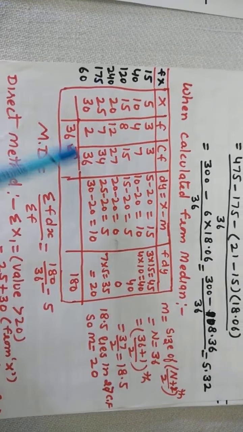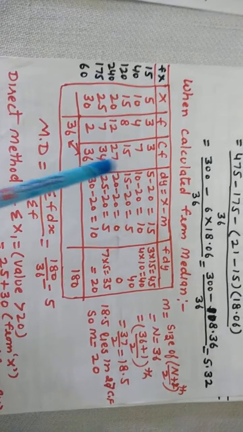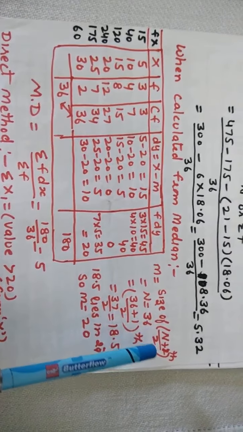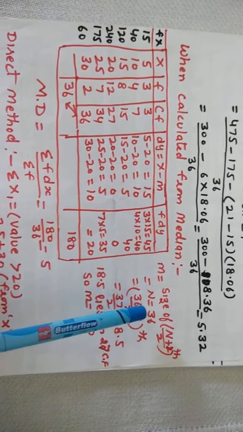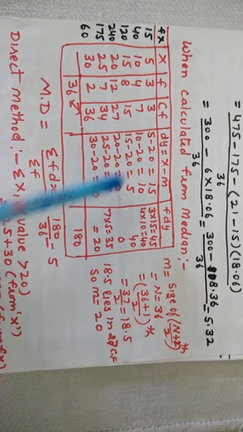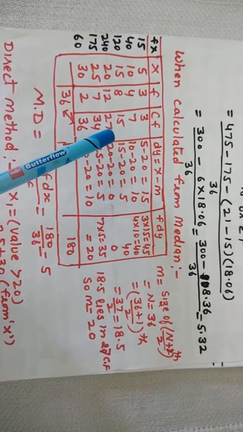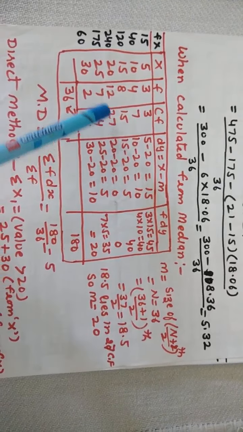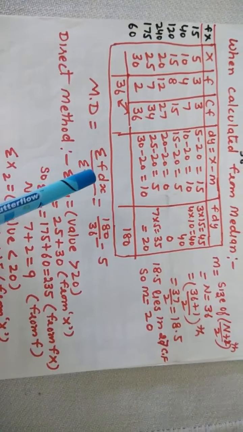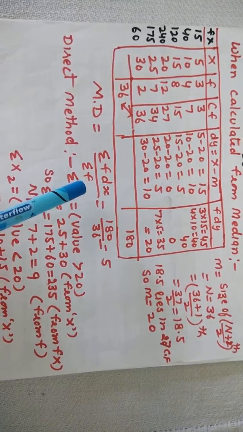Total of frequency is equal to the last class of cumulative frequency. Median is the size of the n plus 1 divided by 2 th item. N is 36, so the size is 18.5. 18.5 lies in the 27 CF, so the median is 20. Mean deviation is summation f dx divided by summation f.